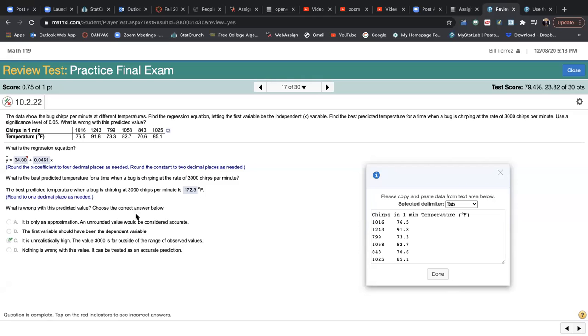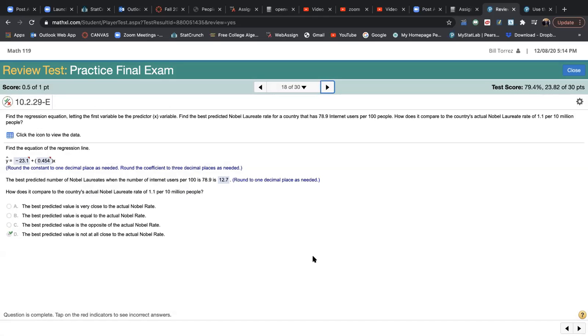And what did we see there when we let X be 3,000? We get this very large value, which is probably not a credible value, okay? And so if we look at these four choices here, C is the correct choice. It's unrealistically high, the value, and that's because the value 3,000 is way outside the range of the X values here. Okay.